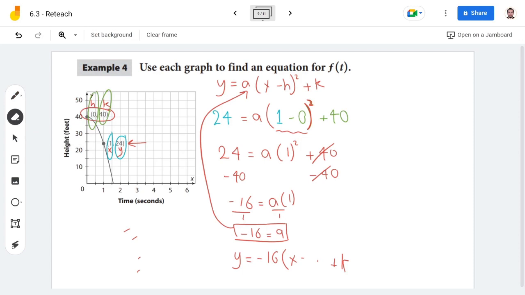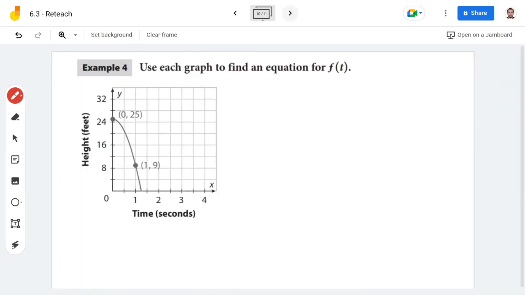We can rewrite it like this: x to the power of 2, plus k. So k is equal to plus 40. Okay, so this one is the vertex form. You can use this one to convert to standard form, but this one is already both standard and vertex form, because this one is A and this one is C. We don't have B because B is equal to 0.